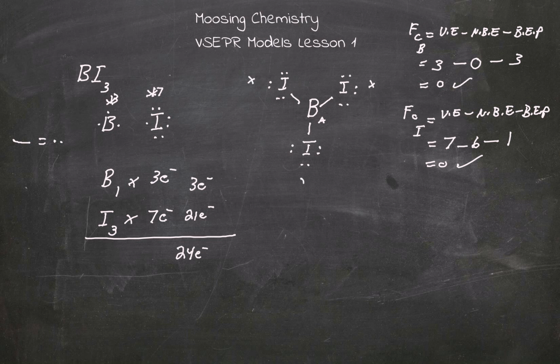This is going to be AX3. Now, if you check the VSEPR model molecular shape handout that I've already given you, you will realize that AX3 is not tetrahedral, it is a trigonal planar structure.